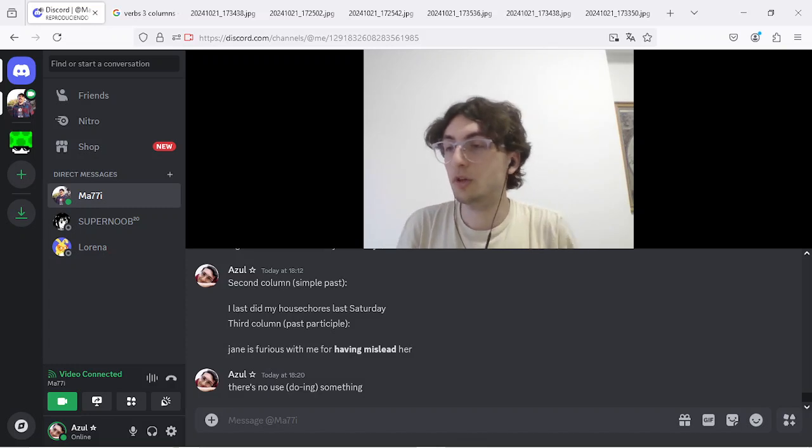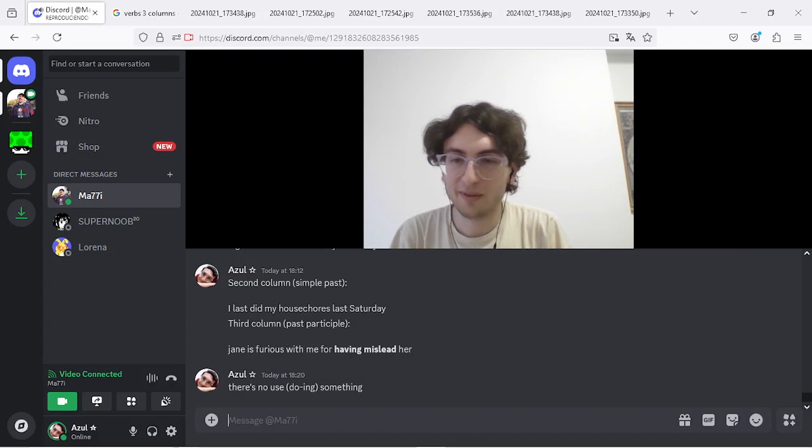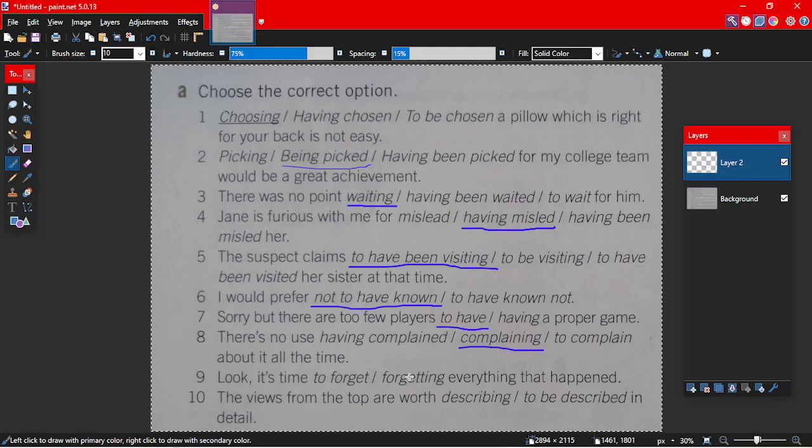When something is no use, it means es en vano, es al pedo, es al cohete. We have multiple ways of saying it. Yeah, it's no use watering the plants. It's no use taking a shower because then we have a trip to the field, for example, and you get dirty. That's very similar to question number 3, where there was no point doing something.